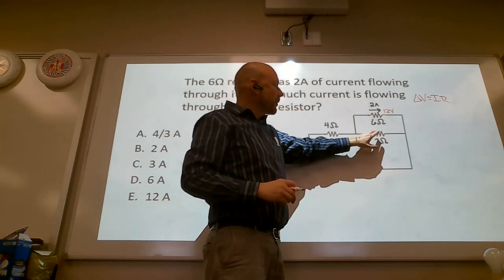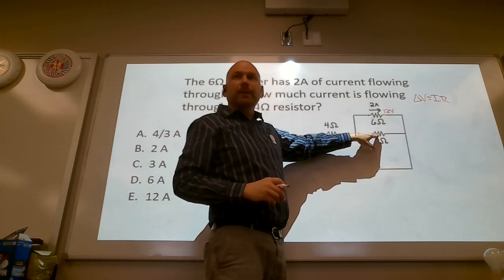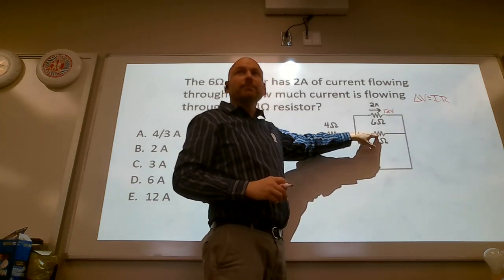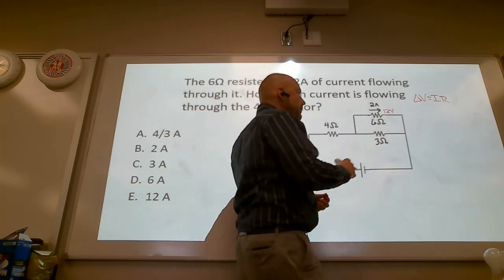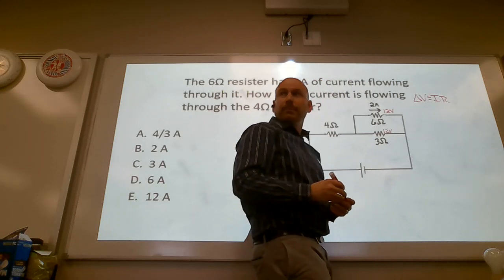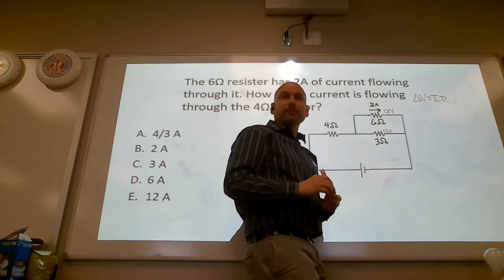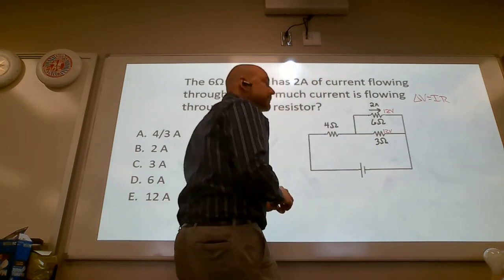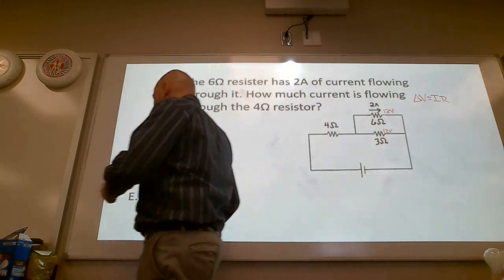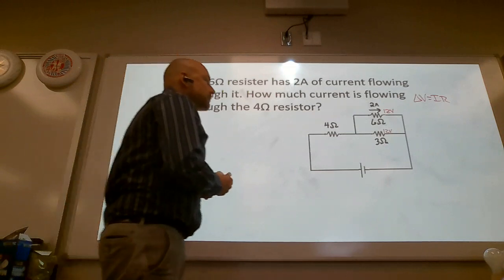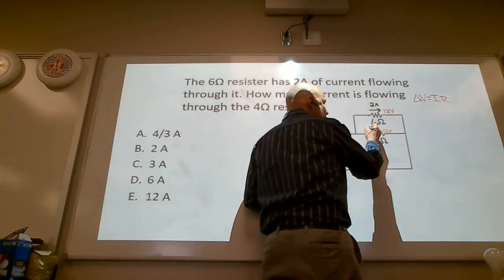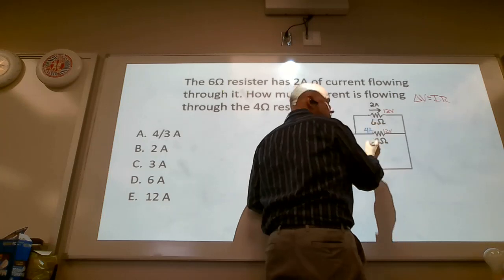The 6 ohms and the 3 ohms are wired how? Series or parallel? Parallel. So what's the same in parallel? Voltage. So I know there's 12 volts across that. That makes sense? Okay. Now, what am I missing on that one? Current. Find that to be 4 amps.